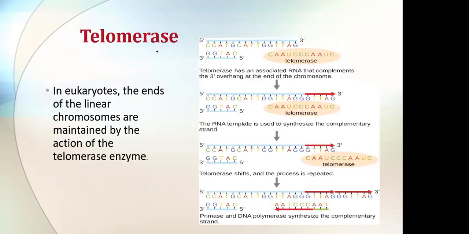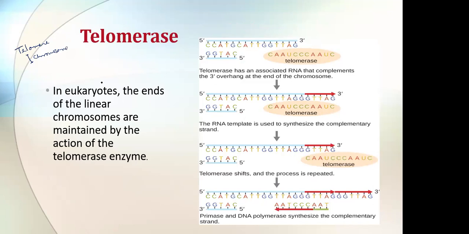Okay, telomerase. The word telomere means the end, so basically both the ends of a chromosome are called telomere. Now you can understand that a chromosome has so many important coding regions.